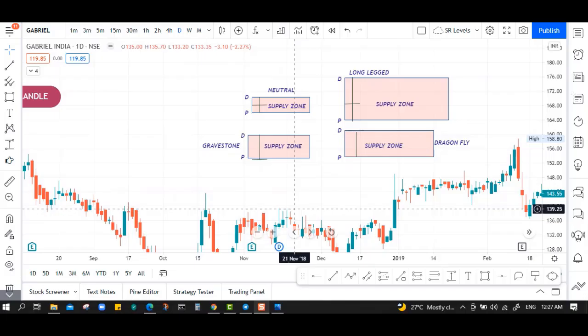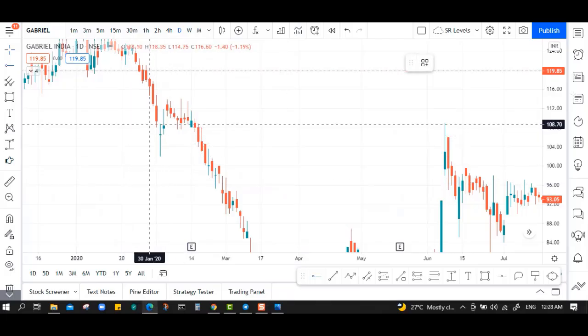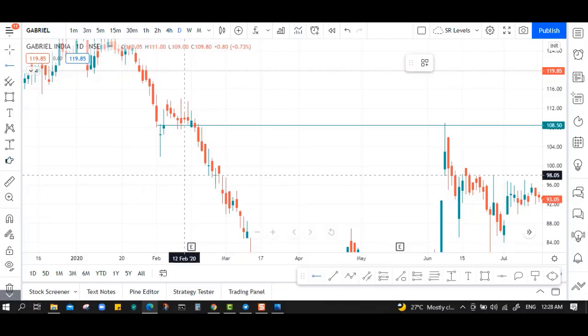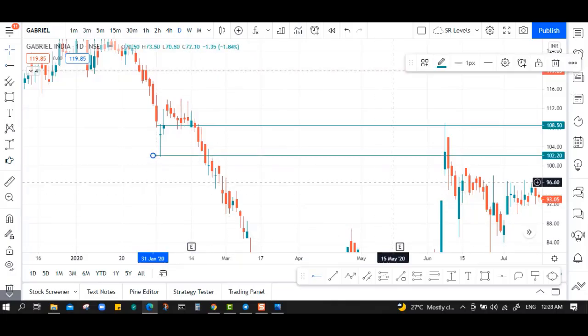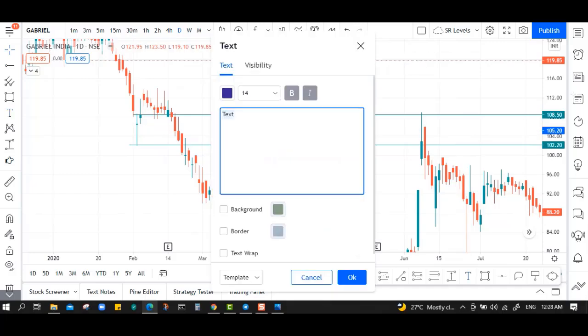So now let's find any one of these patterns in the chart here. Okay, so I found a doji candle here. So this will be the distal line and this will be the proximal line, and this is a supply zone, right?